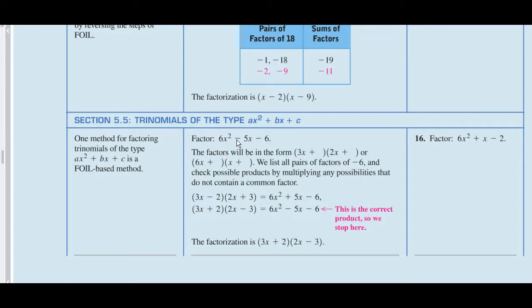And again, if this were an equation, we can do that. Just equal it to 0. Equal each of the factors to 0. This would be a negative 2/3, and this would be a positive 3/2 after we solve each of these equations.